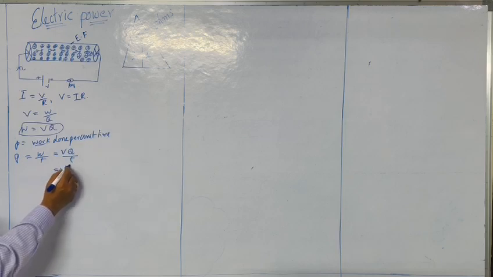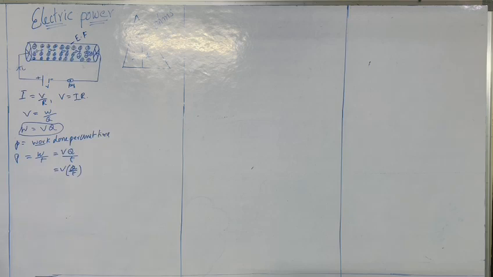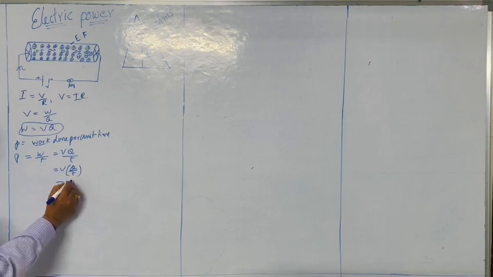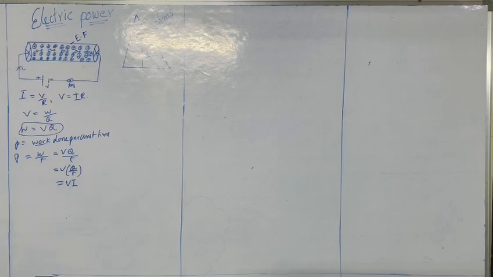Q by T is charge by time, which is equal to current. So P is equal to VI. Okay? Charge by time is current.